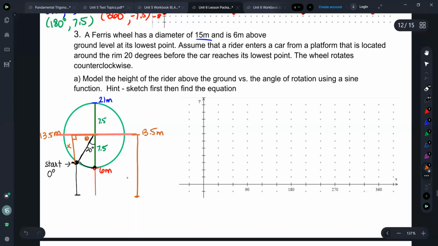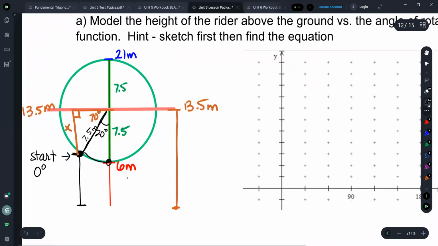What's this angle inside here? 70. And what's the length of this black line? How far does this go? That's also the radius of the circle, right? What's the radius? So it goes 7.5. So could somebody figure out what x is? Let's zoom in here a little bit.